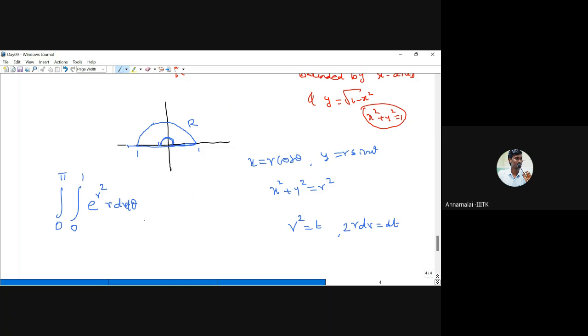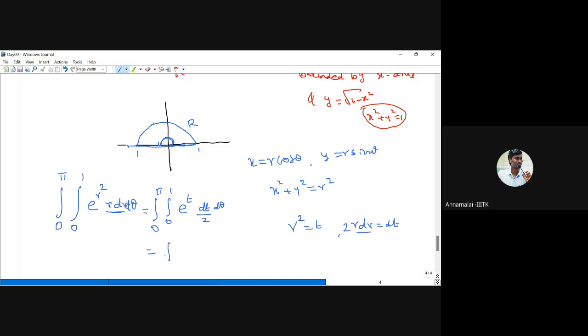Therefore the limits will not change. So the integral from 0 to pi, integral from 0 to 1, simply we can write e power t, because we are substituting r square as t, and r dr can be written as dt by 2. Therefore dt into d theta by 2. So we can easily integrate.